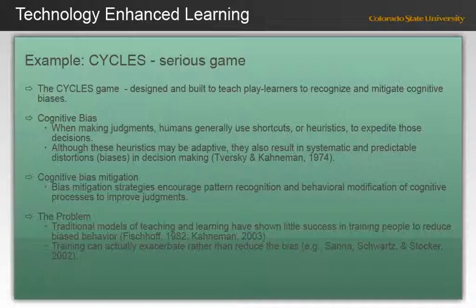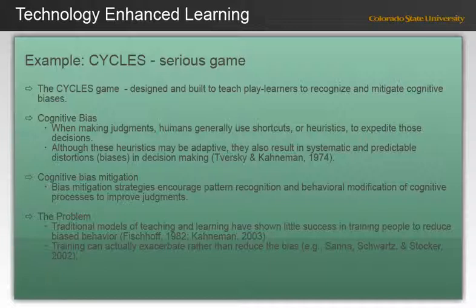Now, cognitive biases are when people use shortcuts or heuristics to make decisions, and this can be a good thing because it allows people to not be overwhelmed by their day-to-day activities, but these heuristics can also lead to systematic error and distortion in your decision making, or lead to poor decision making, and this can be problematic in critical situations.